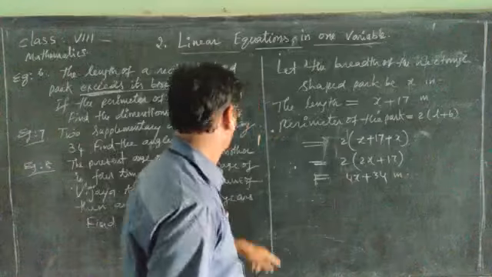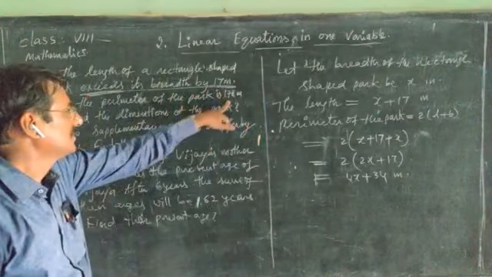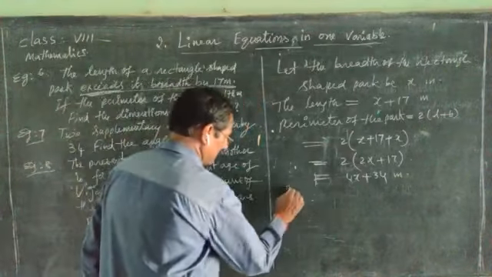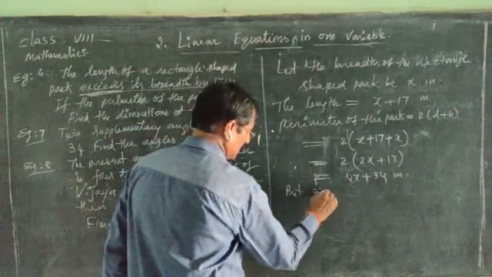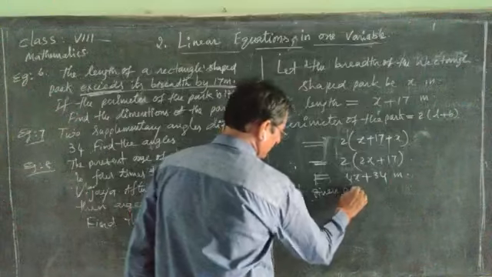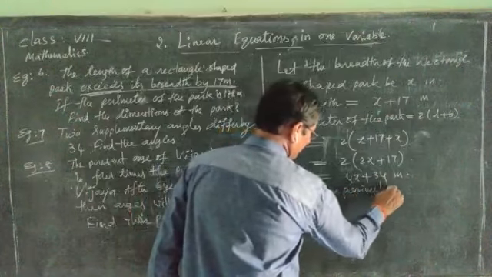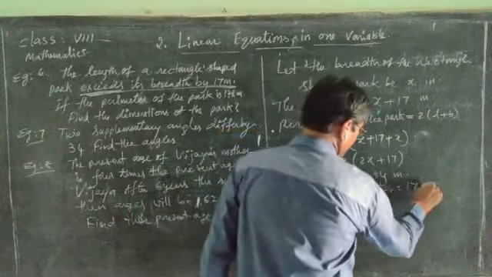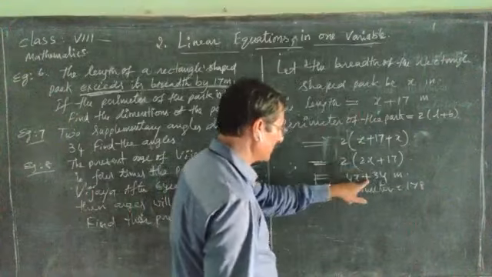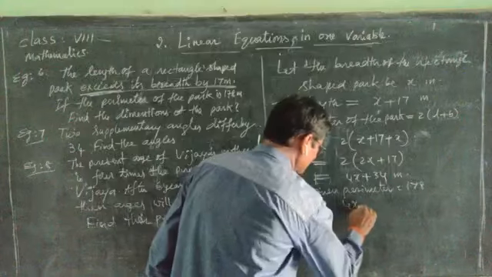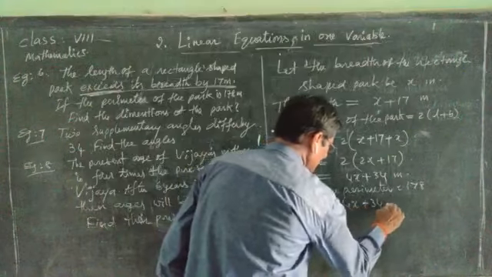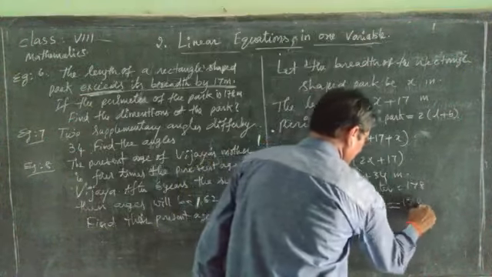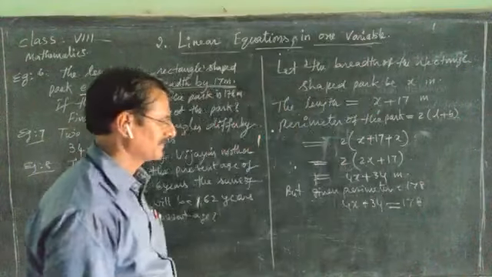But how much is given? 178. The given perimeter is 178. In the problem we got the perimeter as 4x plus 34 equal to 178. Now it is an equation.